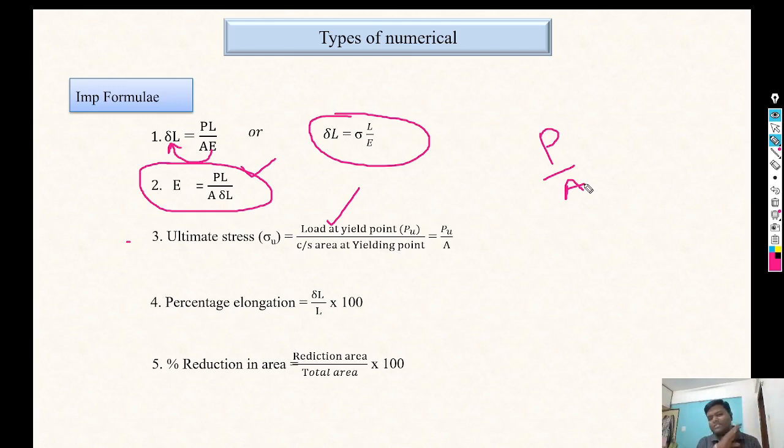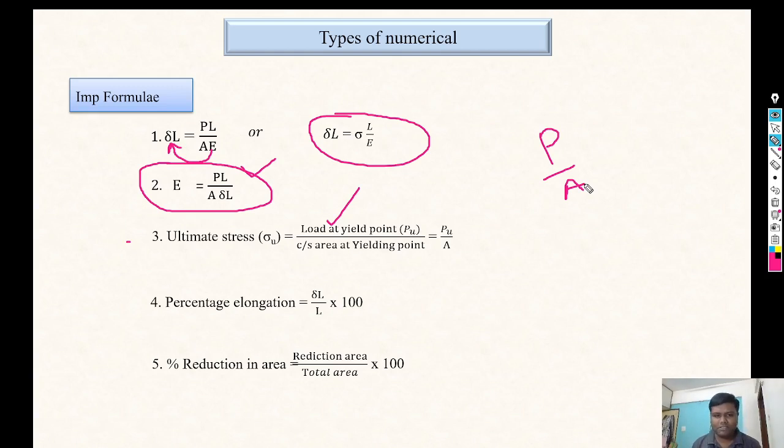So whatever points are there on the stress strain curve, we have to calculate the stresses at the different points.